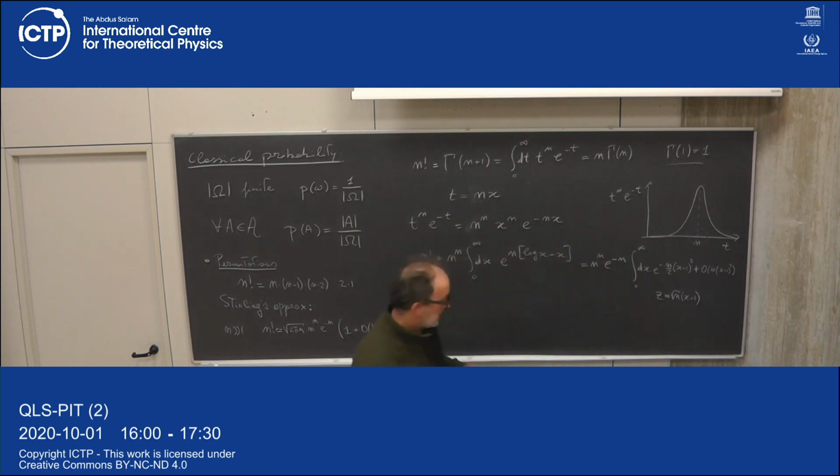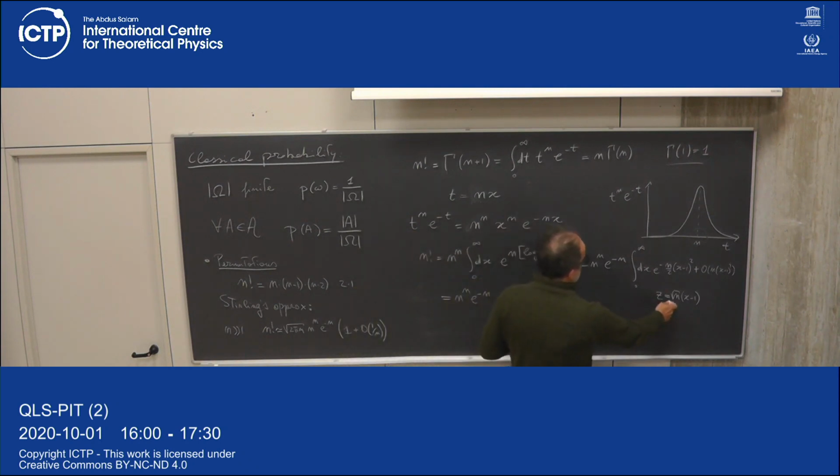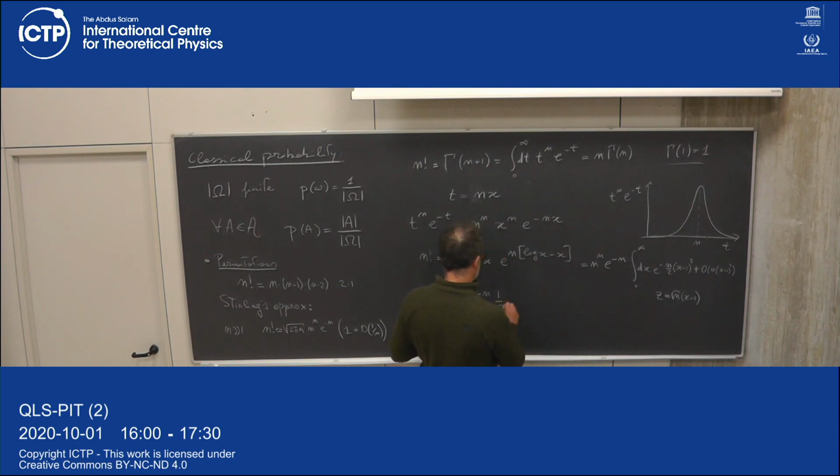Okay? So if we do so, then this integral becomes n to the n e to the minus n. Now the change of variable gives me a factor 1 over square root n here.